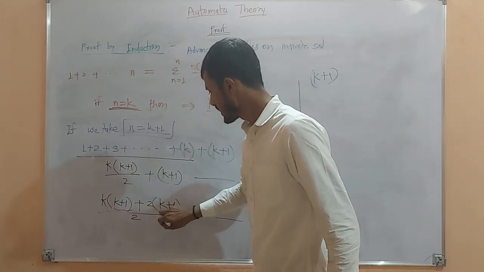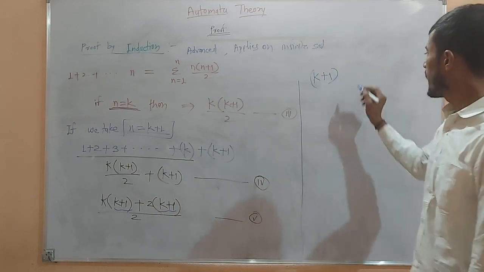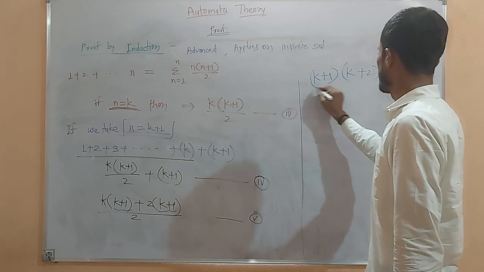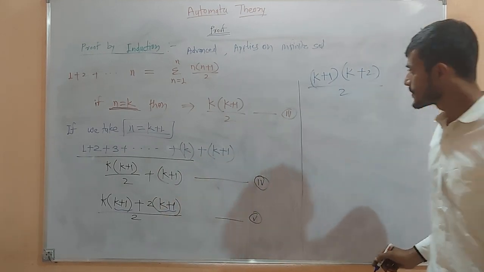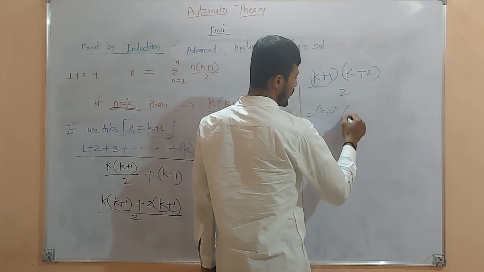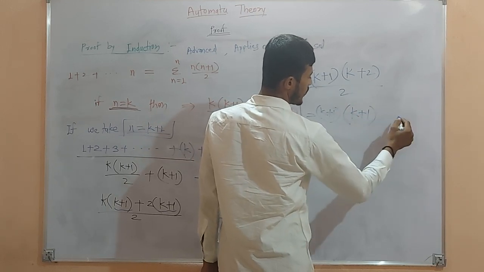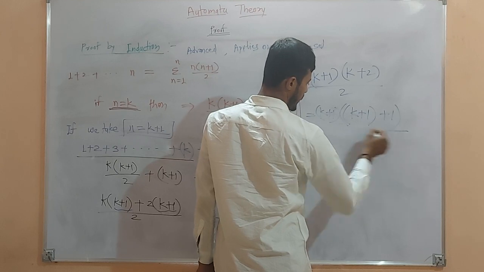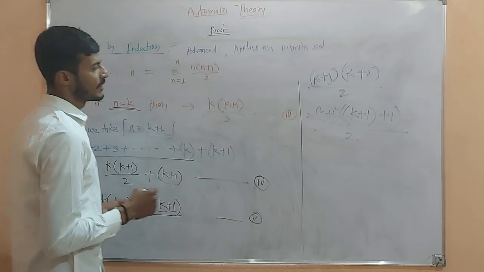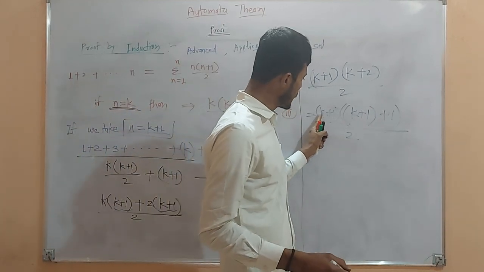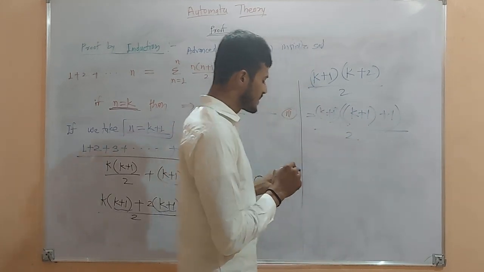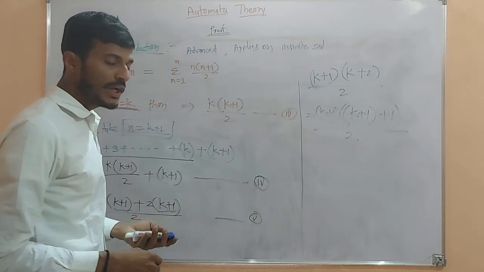This k plus 1 and this k plus 1 I will take as common, and k from here and 2 from here will be taken here, divided by 2. So simply it is k plus 1 in bracket k plus 1 plus 1, divided by 2. So for n equals k plus 1, we have proved the formula k plus 1 in bracket k plus 1 plus 1 divided by 2, by using the induction method.